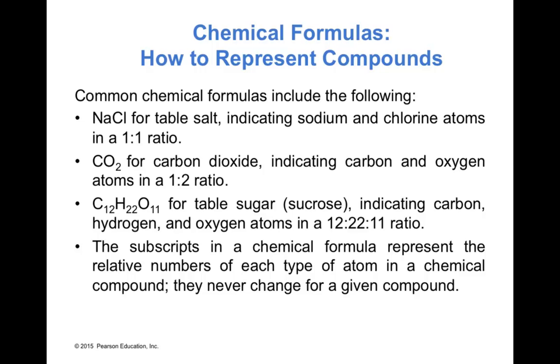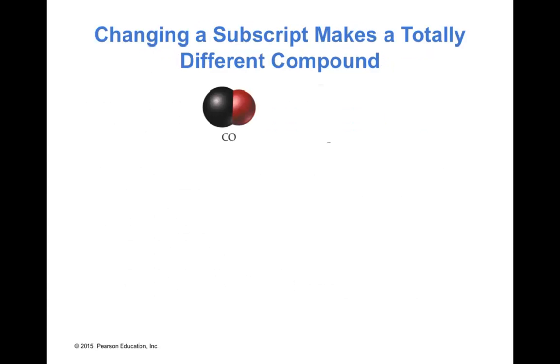So if for any reason the subscripts are different, we have a different compound. Even though the elements are the same, the ratio in H2O2 is 2-to-2. In water it is 2-to-1. So because we have a different ratio in the sense of atoms, we have a different compound. So changing a subscript makes a totally different compound.